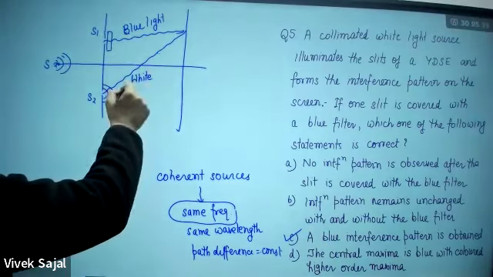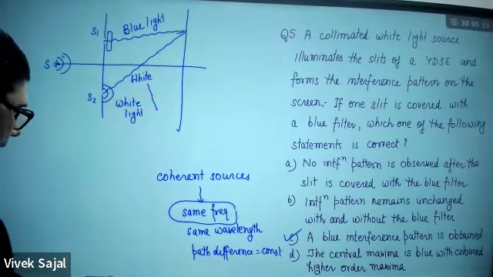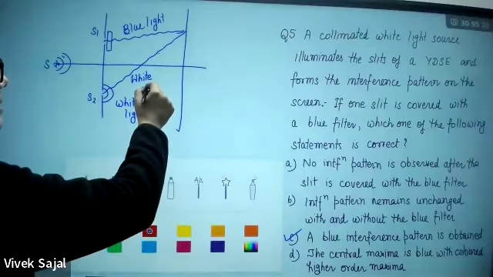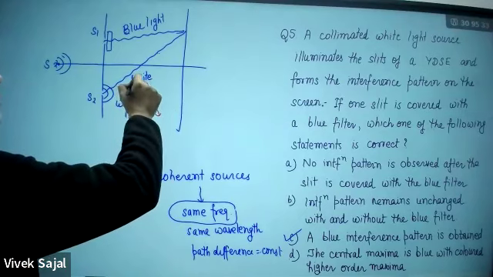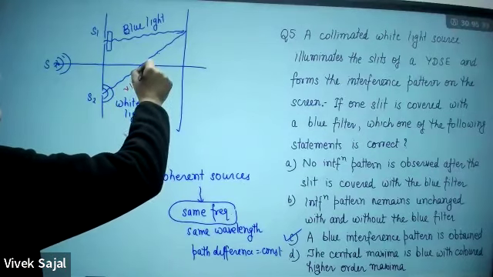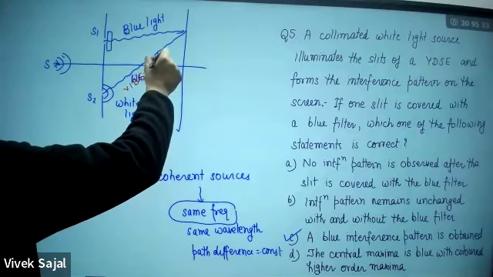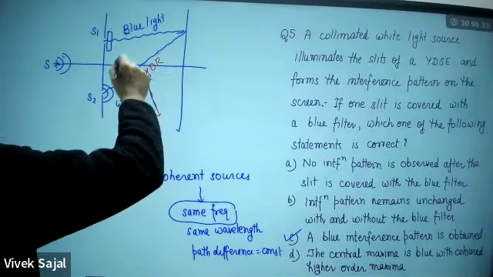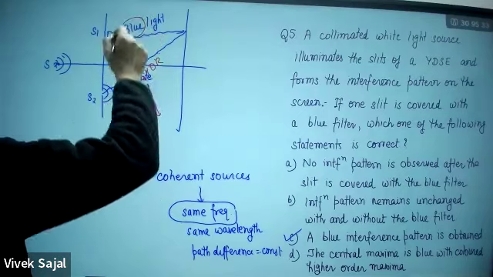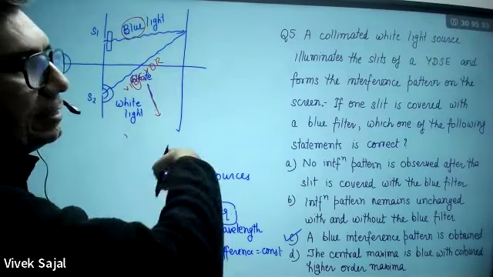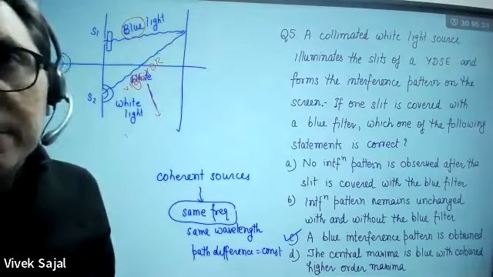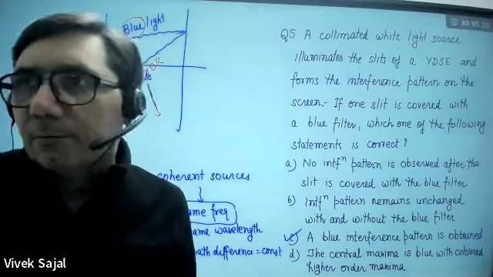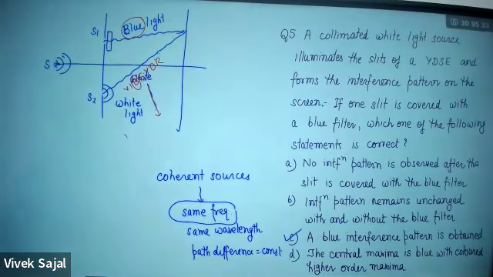In the white light, all the colors are there. If you look at this white light, it is made up of VIBGYOR. So this blue color light is going to interfere with this blue color, and you will get an interference pattern that is blue in color, meaning its maximas will be of blue color, beta.